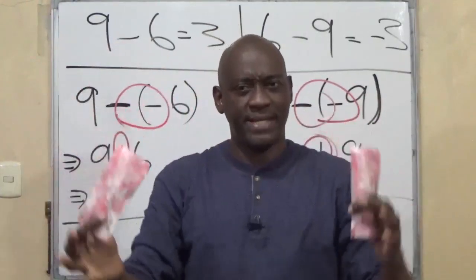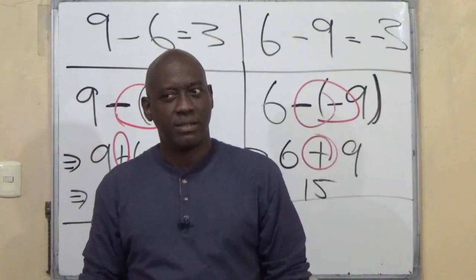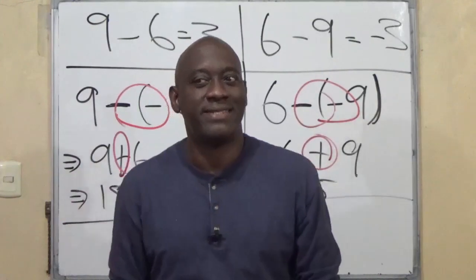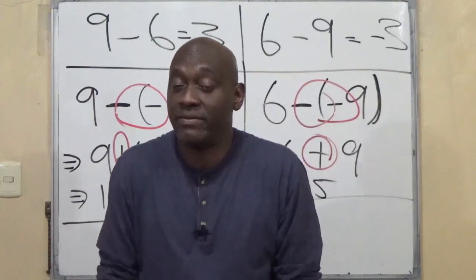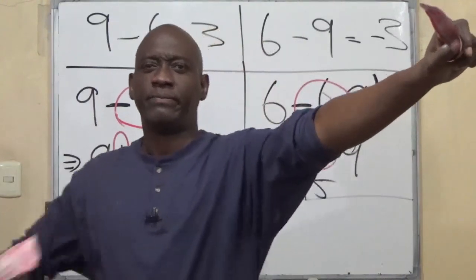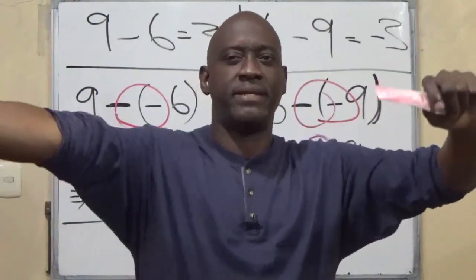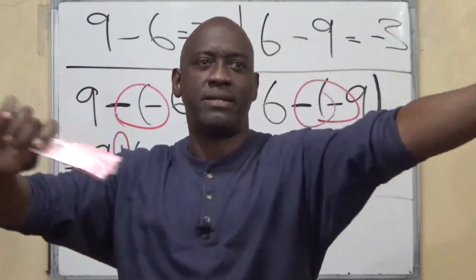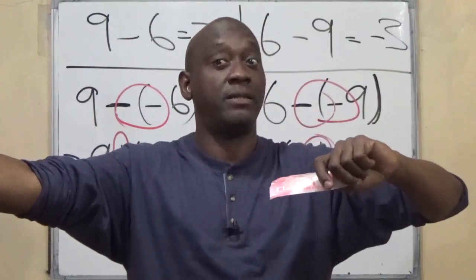So in a circumstance like this, you're getting a very clear sense that minus 9 minus 6 is actually the same thing as minus 9 plus minus 6. And vice versa. Minus 6, gone. Minus 9, gone. Minus 6 minus 9 is the same thing as minus 6 plus minus 9.